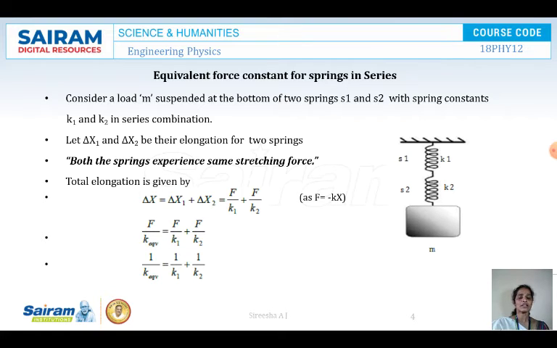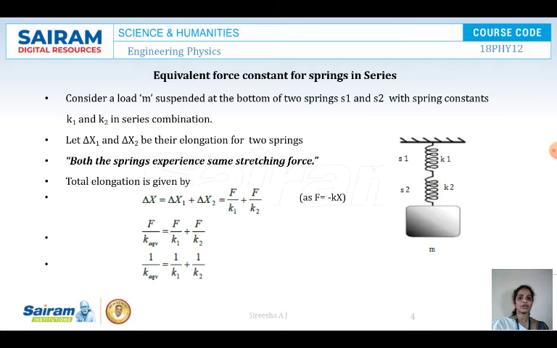You know that when resistors are connected in series, current remains constant, and when they are connected in parallel, voltage remains constant. Similarly, when two springs are connected in series, both springs experience the same stretching force. Therefore, the total displacement for both the springs, delta x, is equal to delta x1 plus delta x2.